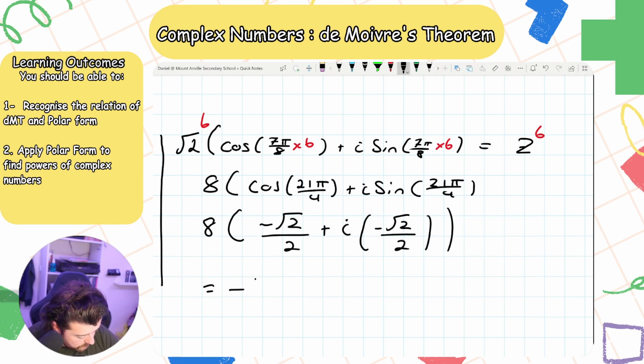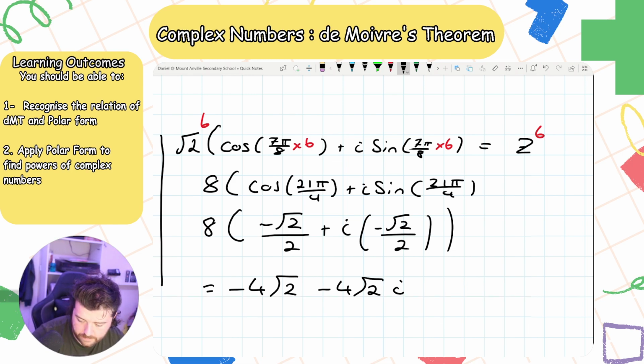That is going to give me minus 4 root 2 minus 4 root 2 i. And that is my solution there.